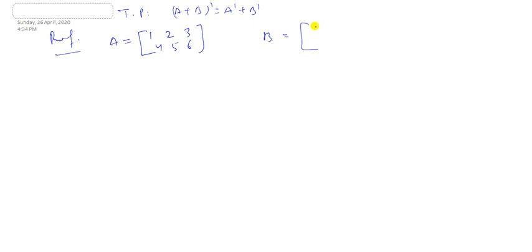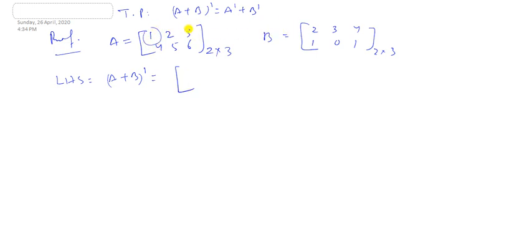Because I have to find the addition, I have taken it in the same order. Now look at LHS. This is A plus B whole dash, it is equal to, let us add A and B.